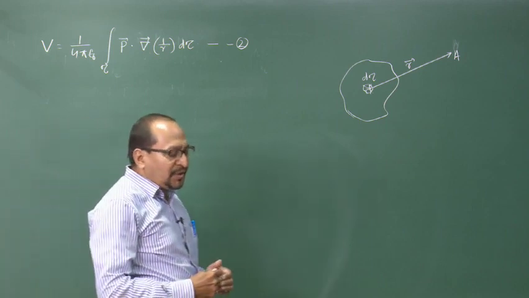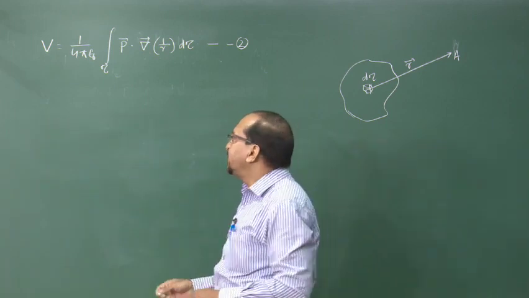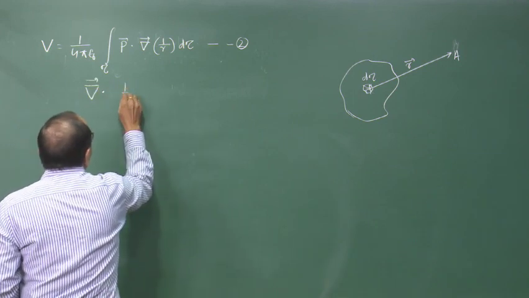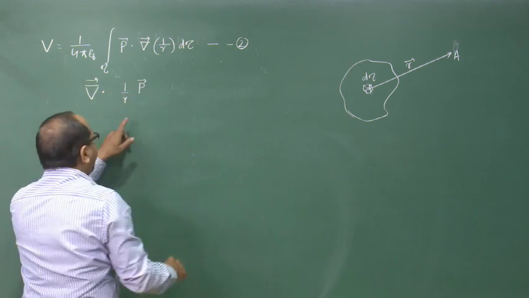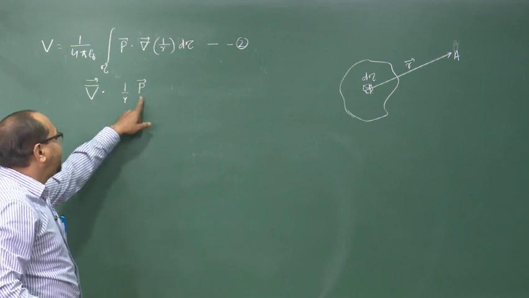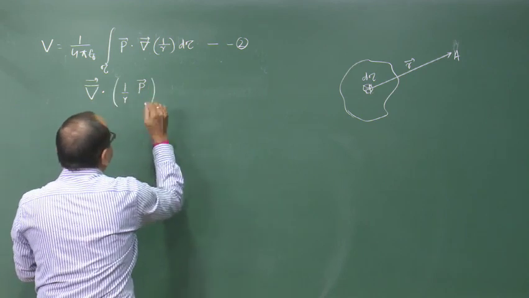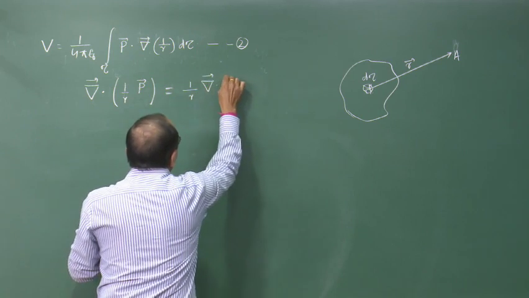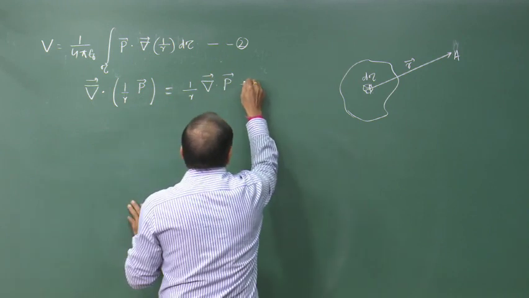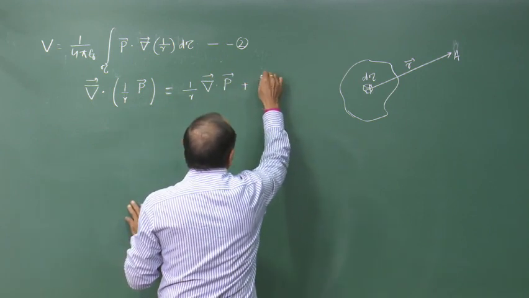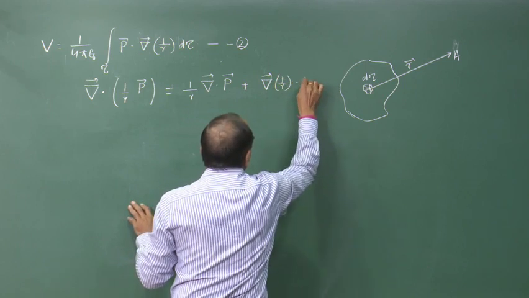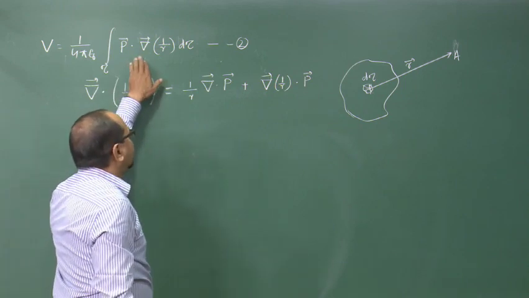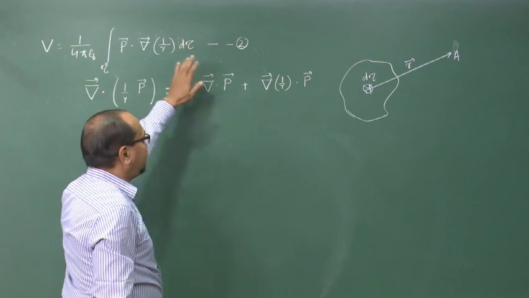Again we will use another vector identity, that is the divergence of a scalar into a vector. Here 1 by r is the scalar, r is the magnitude of position vector r, and P is the vector. Divergence of a scalar into a vector is equal to scalar into divergence of the vector plus gradient of the scalar dot vector P, which is this one, gradient of 1 by r dot P or P dot gradient of 1 by r.